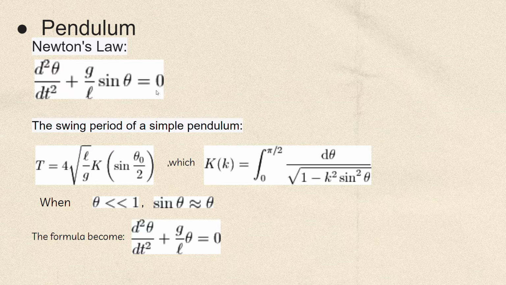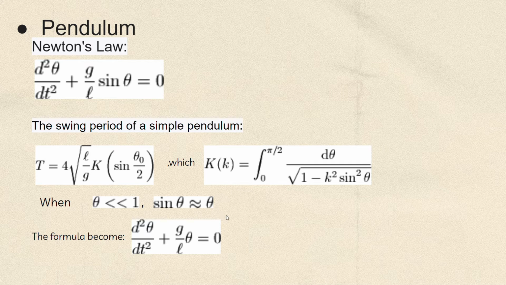We are going to replace the gravitational potential energy part with elasticity. For a pendulum, we use Newton's law to derive this formula: the second derivative of theta with respect to t plus g over length times sine theta equals 0. For the period of this pendulum, we use period equals 4 times the root of length over g times K times sine of initial theta over 2, in which K is the elliptic integral.